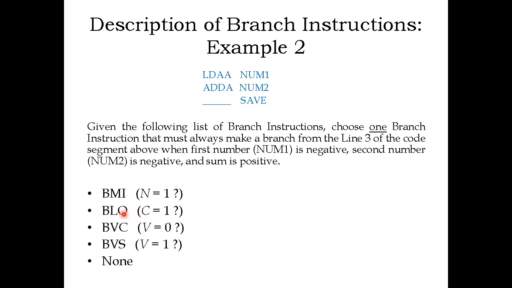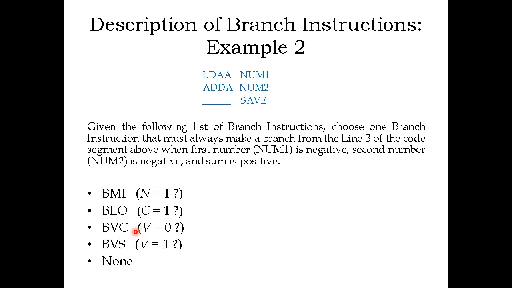Okay. Now, BMI tells the negative flag is set. I'm saying the answer is positive, so there is no way BMI will make it, right? Because the answer is not negative. BLO, carry flag is set. Now, can you tell anything about the carry here? You probably don't know anything about the carry because you are not given the numbers.